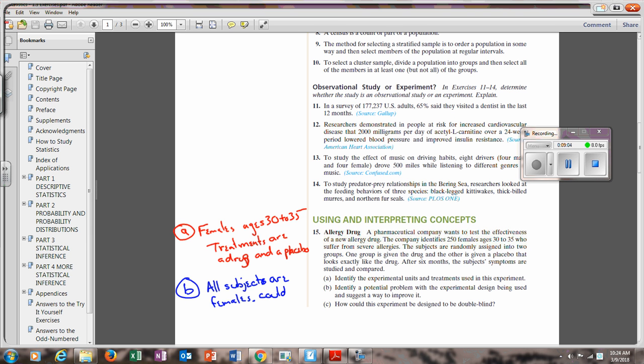Could improve by adding males ages 30 to 35.